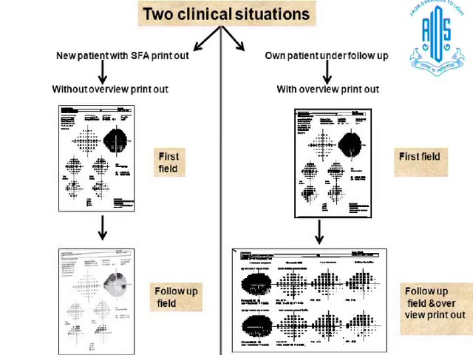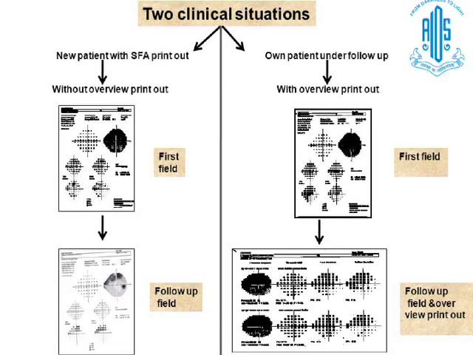And you should be very meticulous about how the data, the name of the patient, was entered previously. Even the spacing of the letters should be perfect. The date of birth should be perfect. If you write the date of birth differently, then you don't get the overview printout. So it should be properly entered, and we will get the overview printout. So we need not have two printouts.